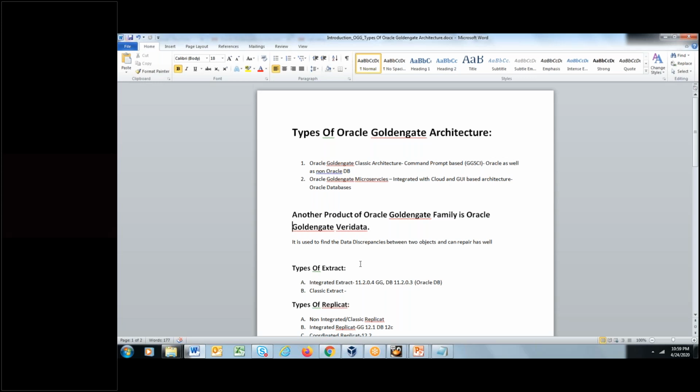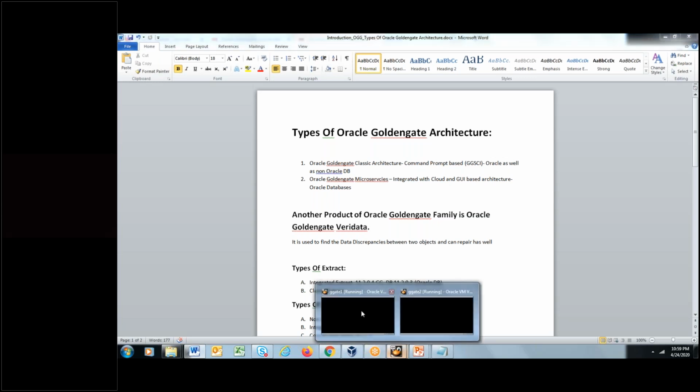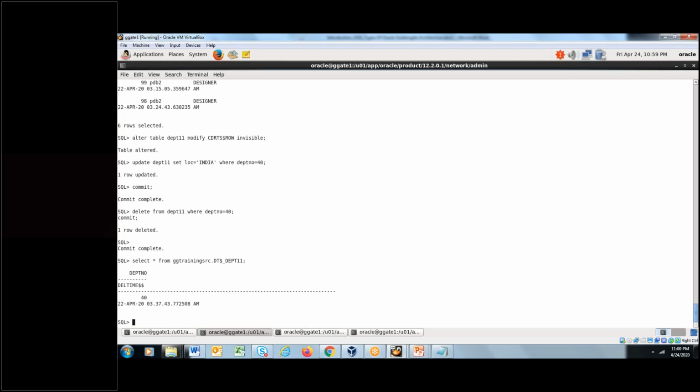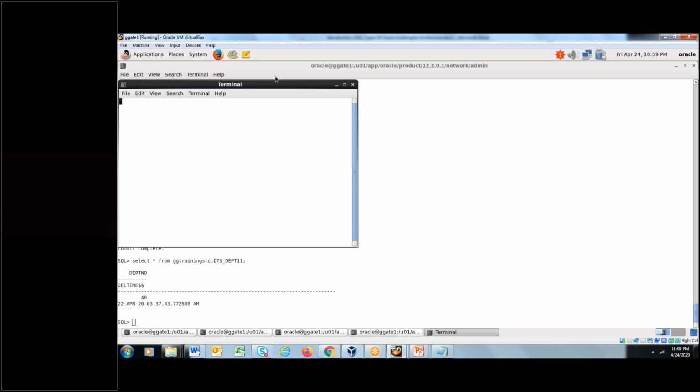Related to the VM setup, once you have set up the VM, also ensure that you run ifconfig, because you may find issues related to port in use.